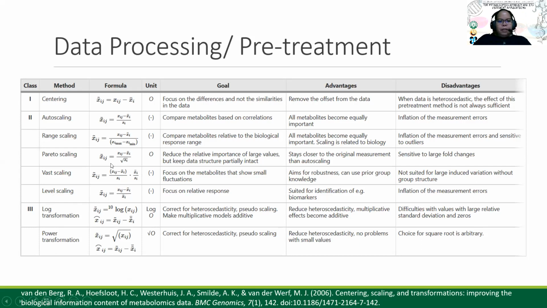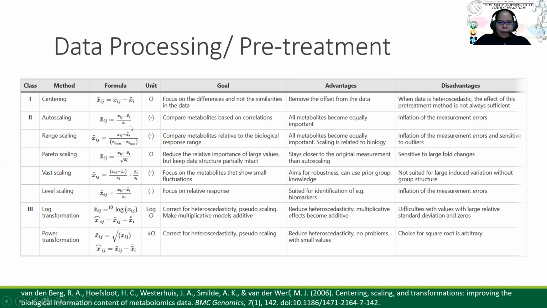Pareto scaling will be dividing by the square root of the standard deviation. Vast scaling will be divided by your standard deviation multiplied by your mean over the standard deviation. Level scaling will be divided by your mean. So more commonly used will be your auto scaling and Pareto scaling.